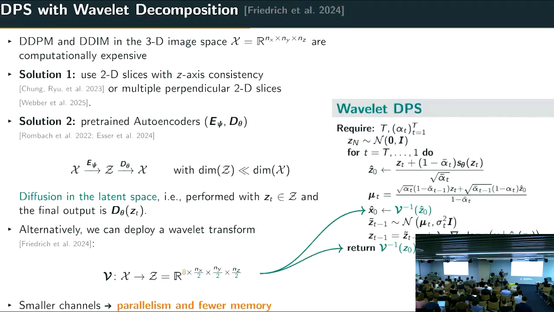And then we inject this wavelet transform into this wavelet DPS formulation. So in each iteration, inference is performed on the wavelet coefficients, and we apply the inverse wavelet transform for data consistency with the projection data. And that's what we've been doing in the 3 applications I will present to you now.